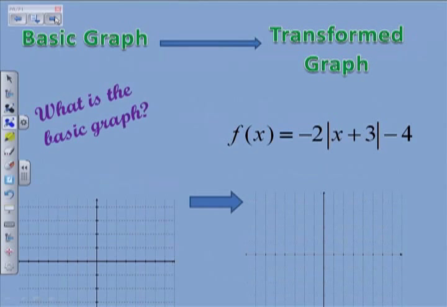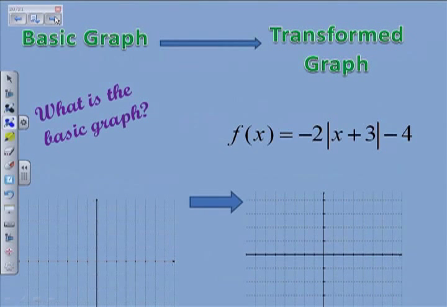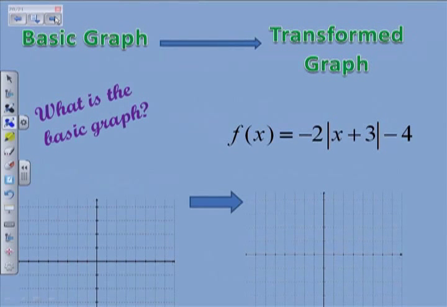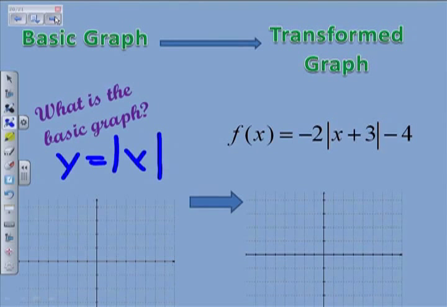If I strip away the parameters, do you see that essentially your parent graph is y equals absolute value of x? So you say, my starting graph is that beautiful V. And I know a few of the points on there because I know this guy really well. He's an old friend.